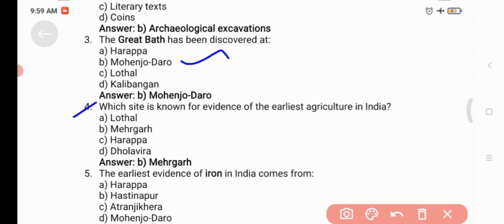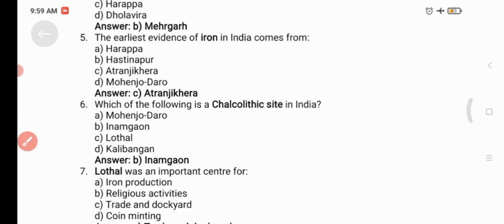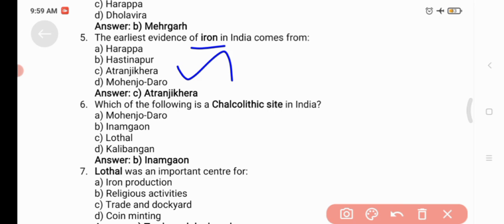Which site is known for evidence of the earliest agriculture in India? Option B, Mehrgarh. The earliest evidence of iron in India comes from option C, Atranjikhera.